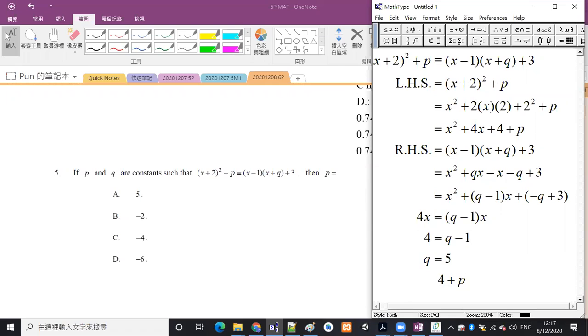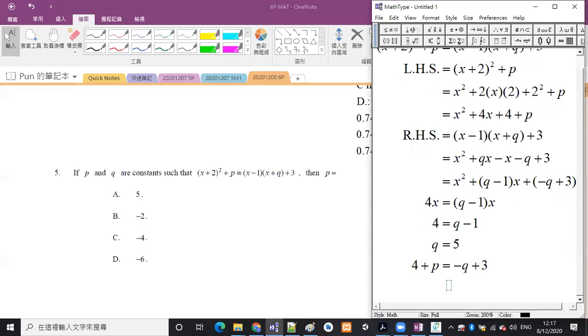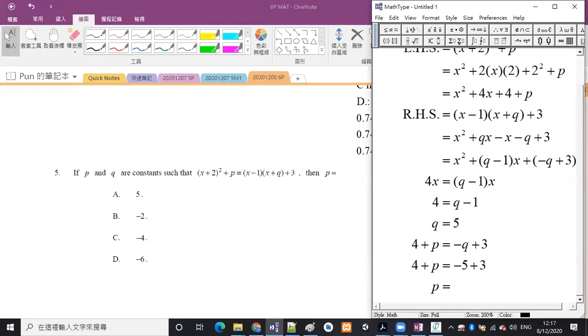Constant term 4 plus p on the left-hand side should be equal to negative q plus 3 on the right-hand side. But we have already found the value of q. So 4 plus p should be equal to negative 5 plus 3. And then p will be equal to negative 6. Okay, so that is what we want to find. So the answer is option D.